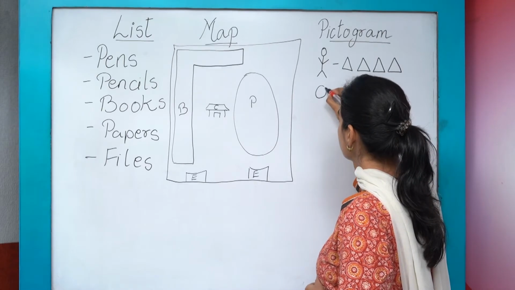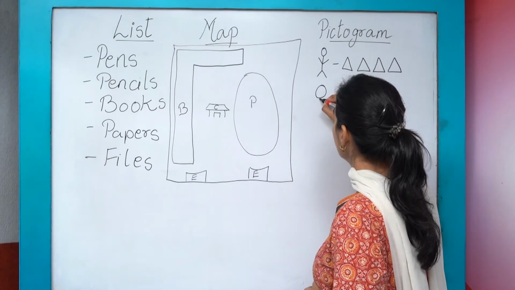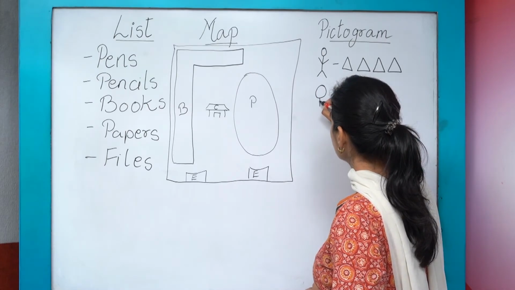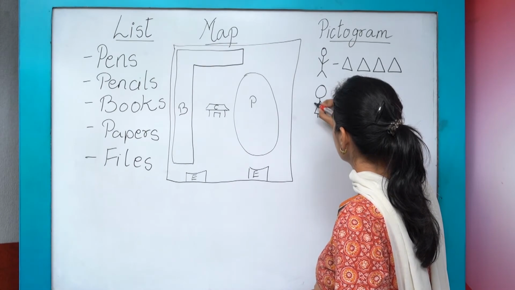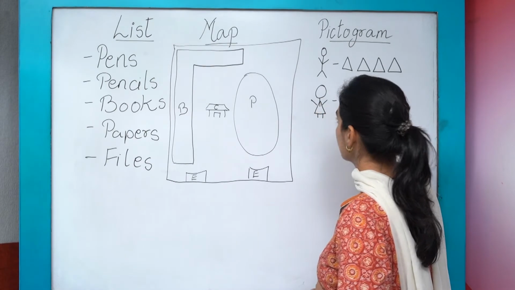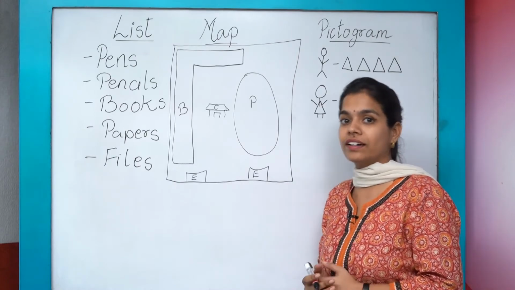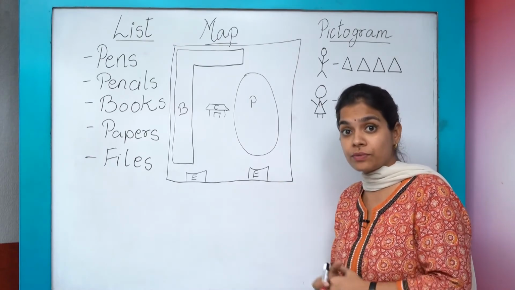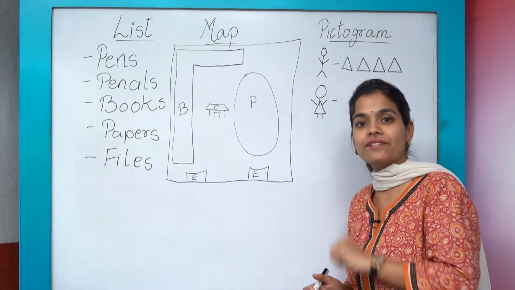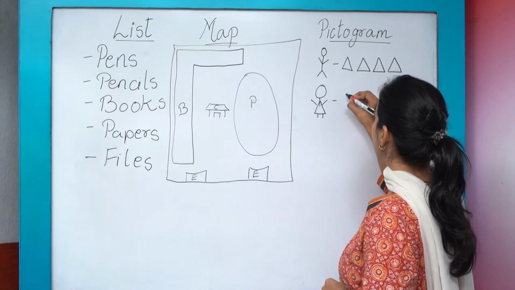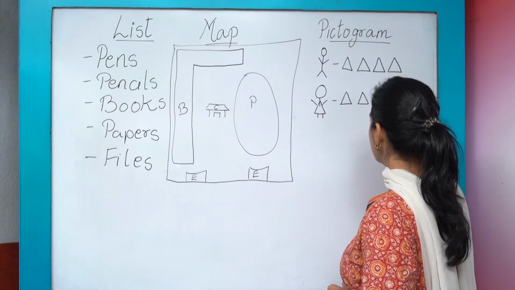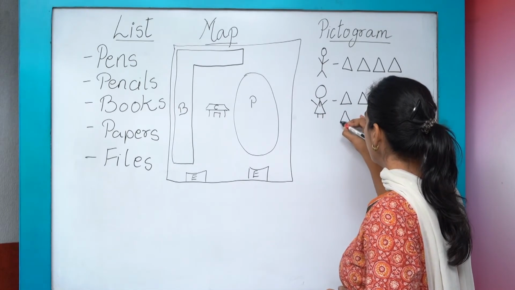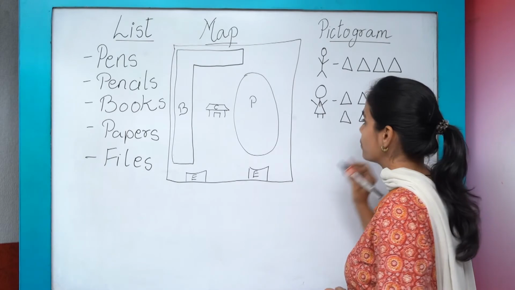Now, let me draw for a girl. This shows a girl. How many girls were there in school? There were 500 girls. So, 1, 2, 3, 4 and 5.